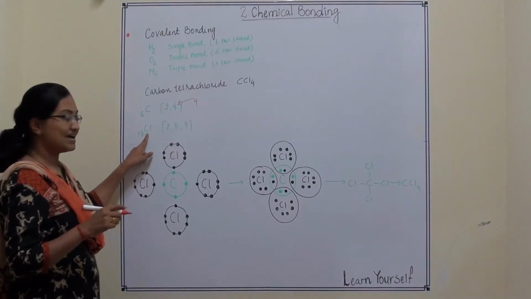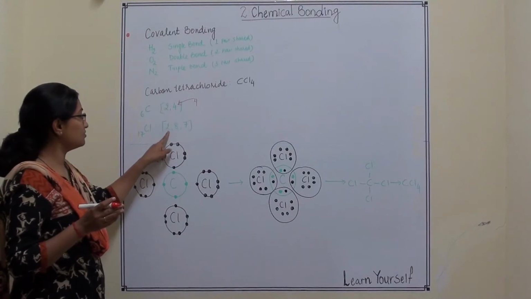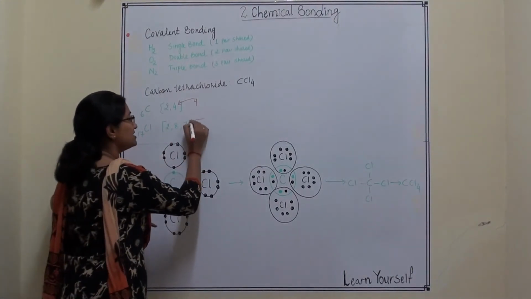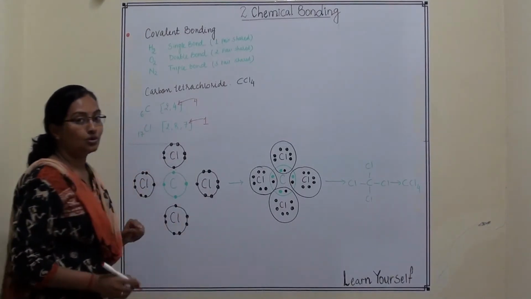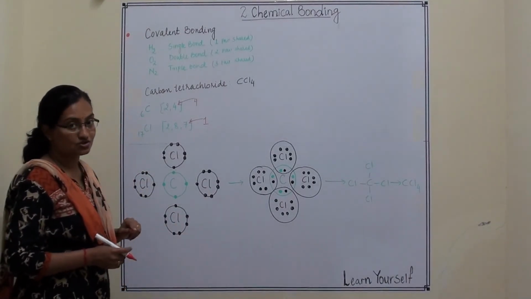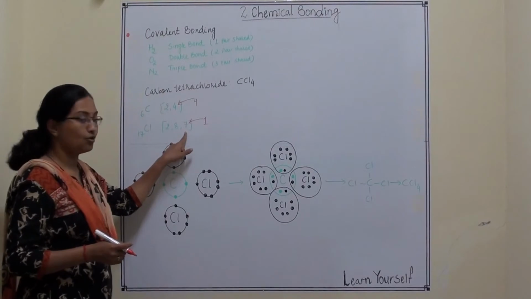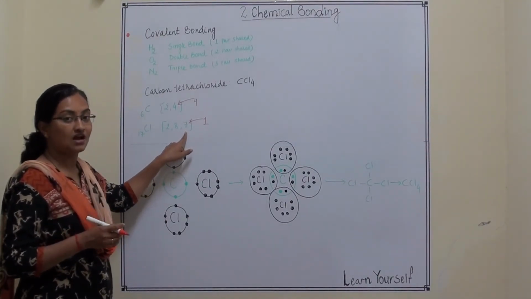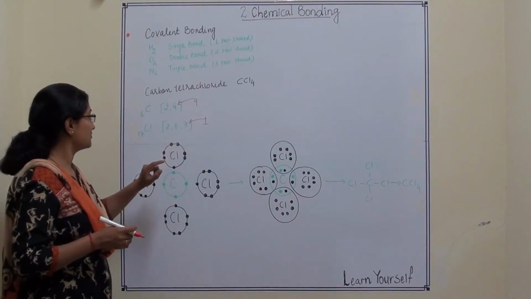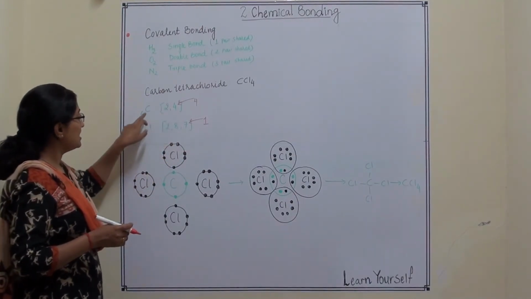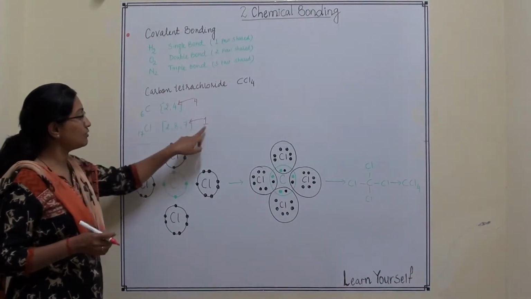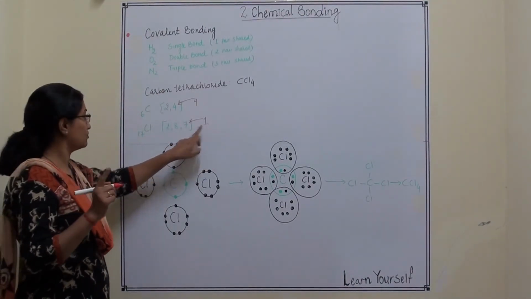Now chlorine, as we have seen earlier, has electronic configuration 2, 8, 7, and it requires 1 electron to complete its outermost shell and follow the octet rule, acquiring the nearest noble gas argon's electronic configuration. So here, carbon requires 4 electrons, whereas chlorine requires only 1 electron.